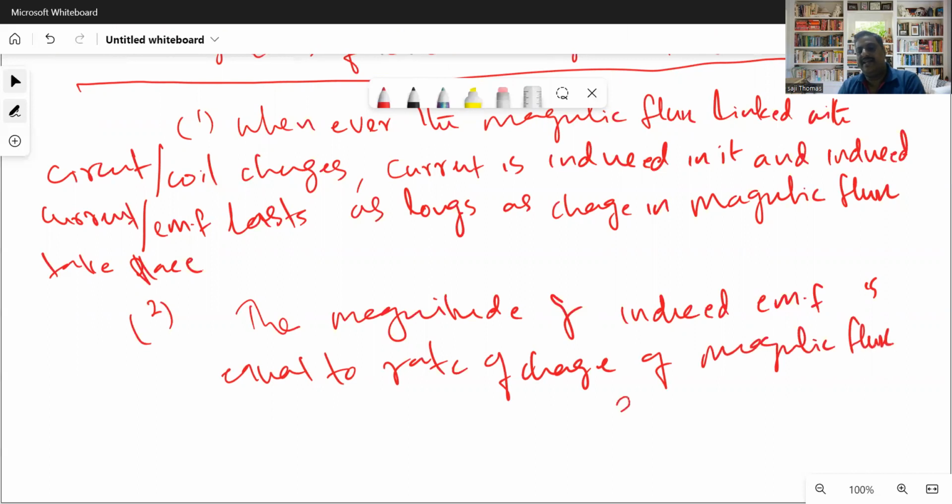See, we can write E is equal to minus d phi by dt. Phi is the magnetic flux. E equals minus d phi by dt.